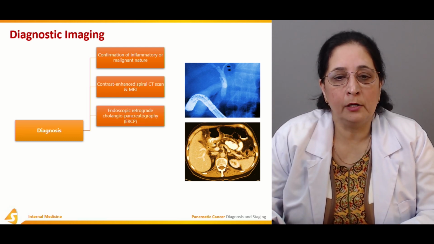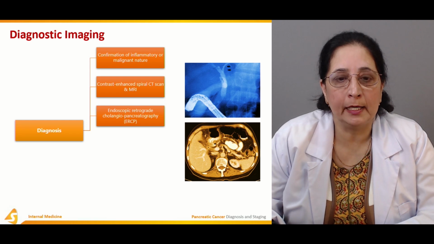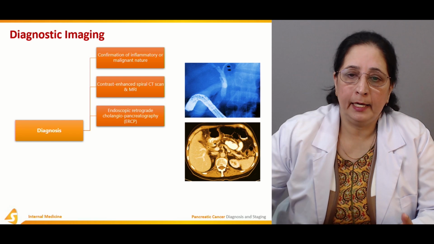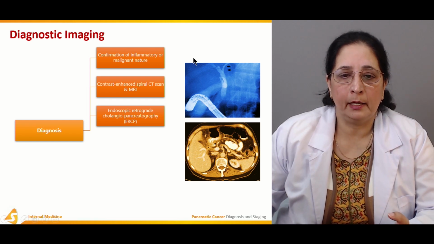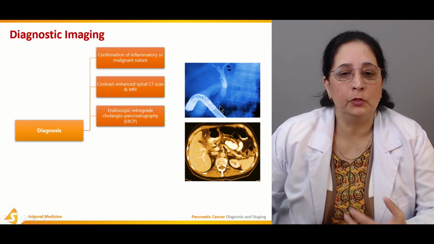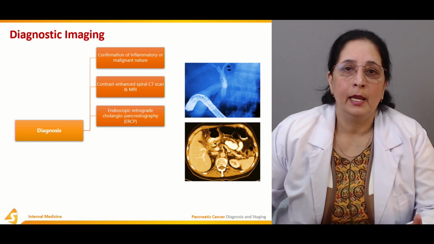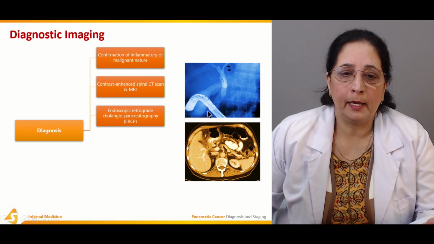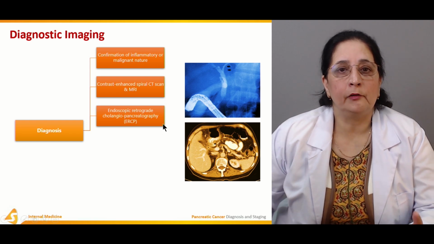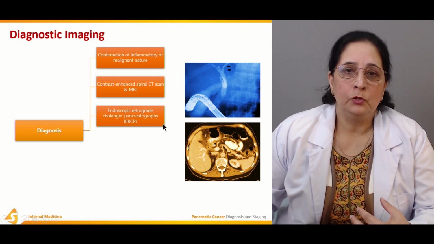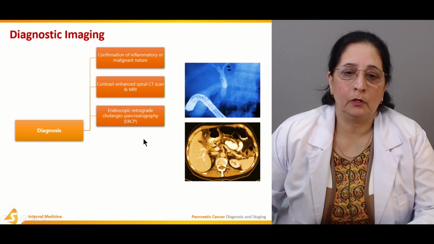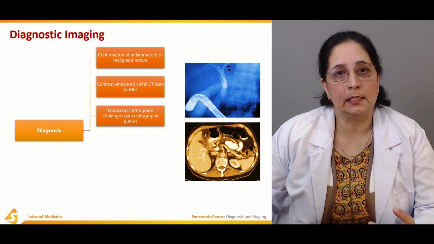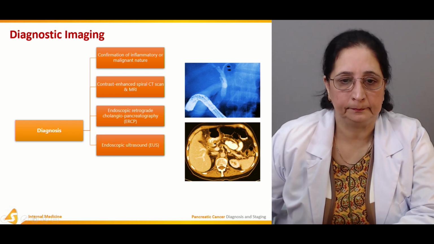Then endoscopic retrograde cholangiopancreatography, in which the biliary tree, gallbladder, and the pancreas are studied to look for the obstruction or the growth, or the reason for the signs and symptoms which are present.